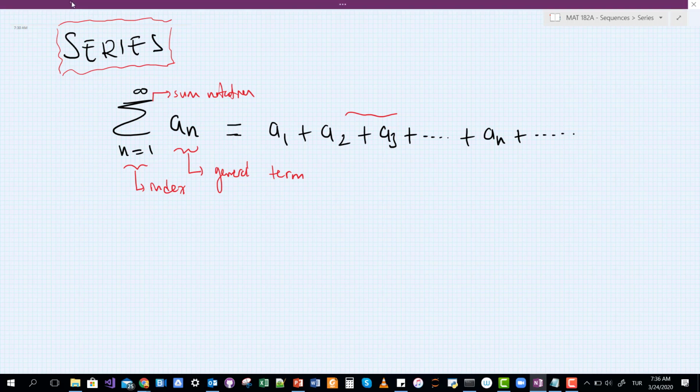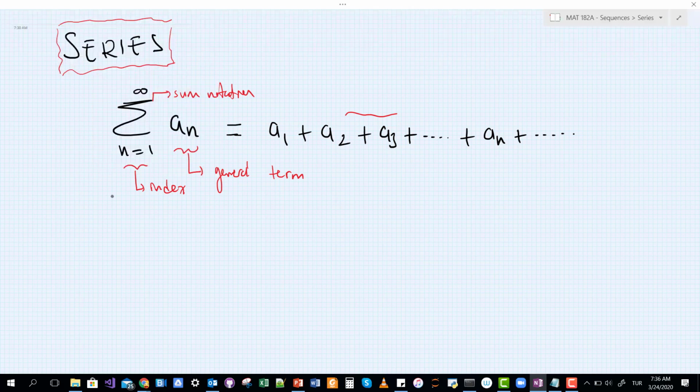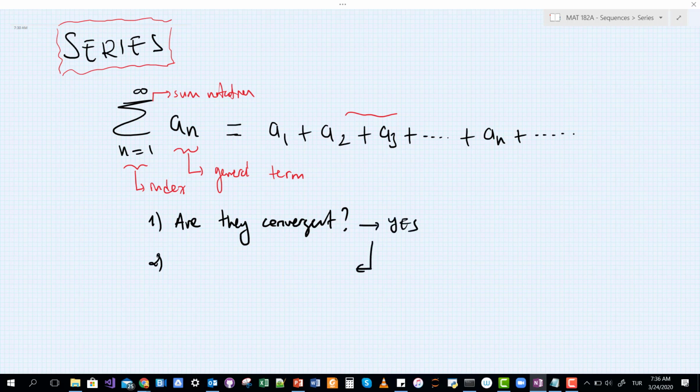We have two problems. We are going to talk about the series. The first problem: are they convergent? Secondly, if they are convergent, if you say yes to this question, what is the sum?